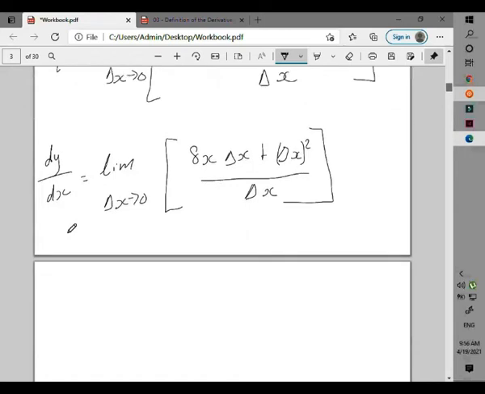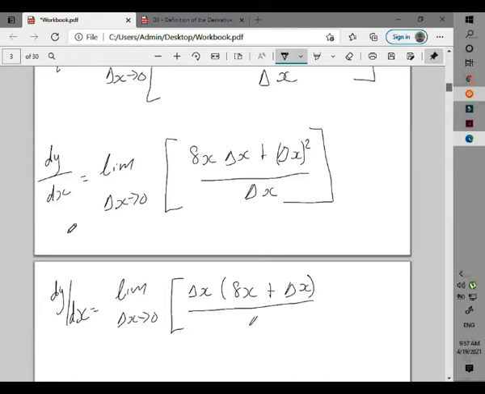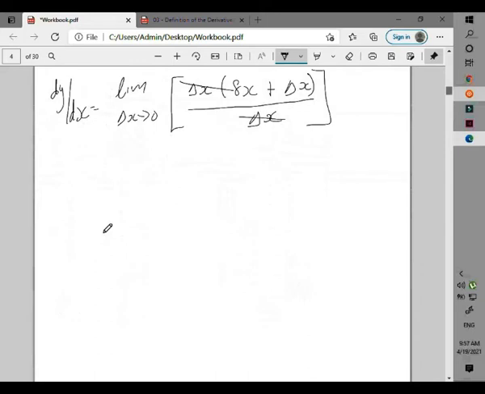You just need to factor out the delta x, so the dy upon dx is equal to the limit as delta x approaches 0 of delta x bracket 8x plus delta x being divided by delta x. This goes, leaving me with 8x plus delta x.